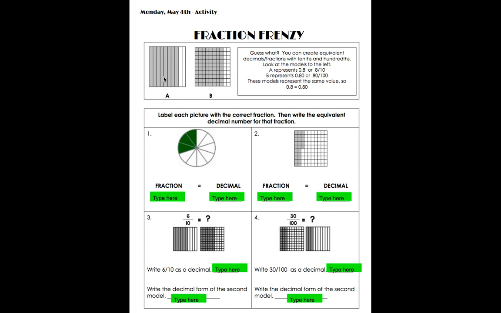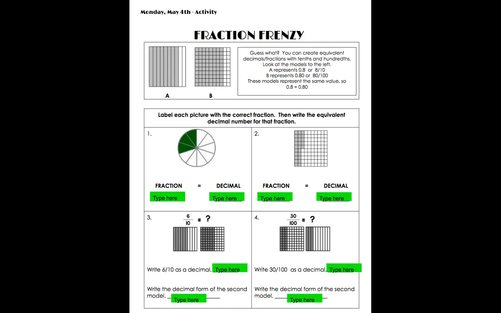So again, A is split up into tenths, B is split up into hundredths, and I can see that clearly because I can go through and count how many pieces I have in my whole. Now, I have 8 out of 10 shaded over here, so 8 tenths, and then I have 80 hundredths shaded over here. Okay, so they're saying that these models represent the same value. Look at these models. Do you agree that they cover up the same amount of our whole?